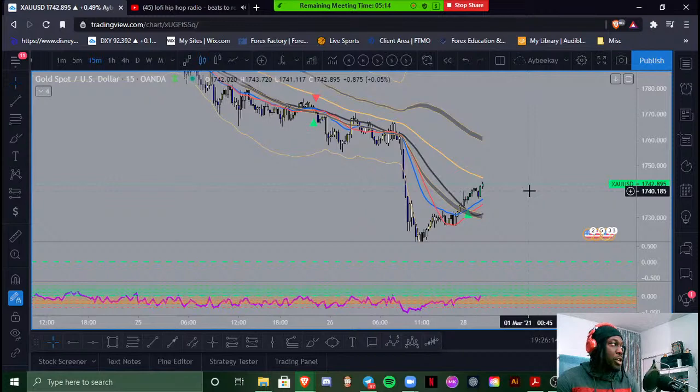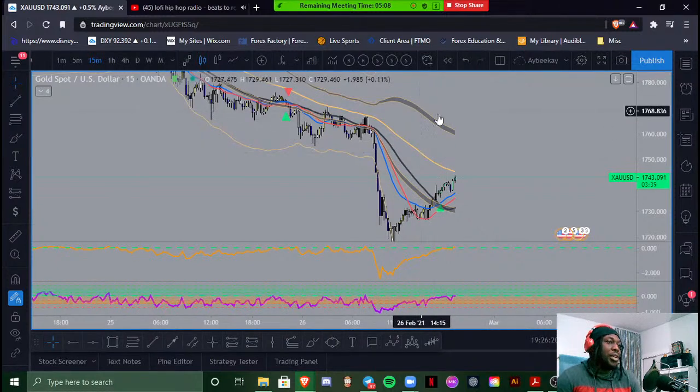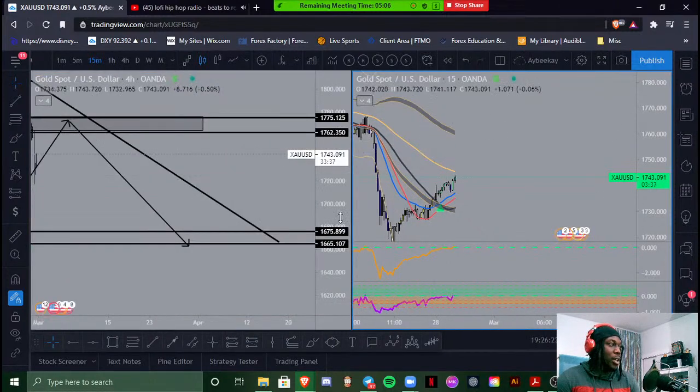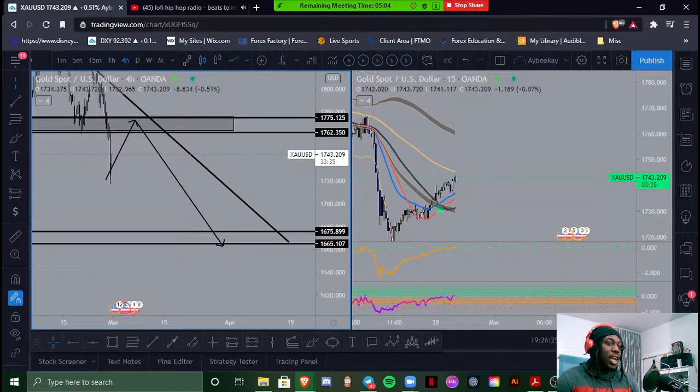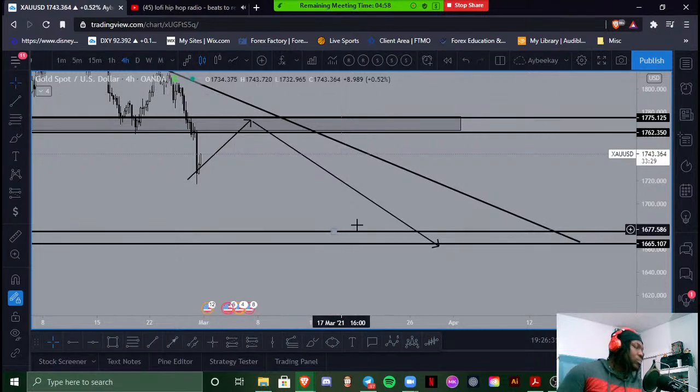The 15-minute time frame is already playing out, but I would need a retest and then a continuation to the upside. But it's just for the retest and then for a drop again. So this is all I really look at for gold at this point. Just wait for the price to come back up to these highs and then sell it again.